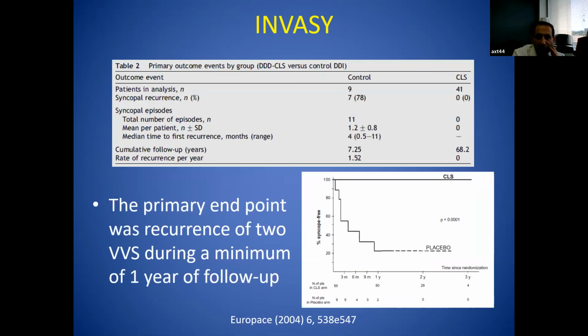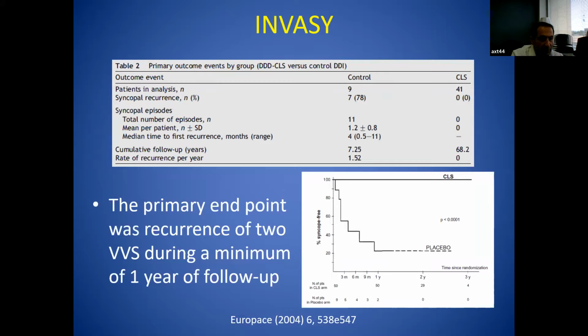And this is a small study of about 50 patients, somewhere in the control arm, somewhere in the CLS arm. And what they found was that with the CLS algorithm, the patients had significant reduction in the vasovagal syncope, and they followed them up to about a year.